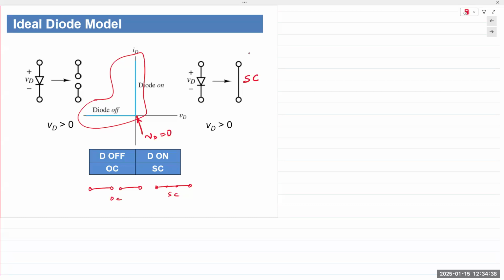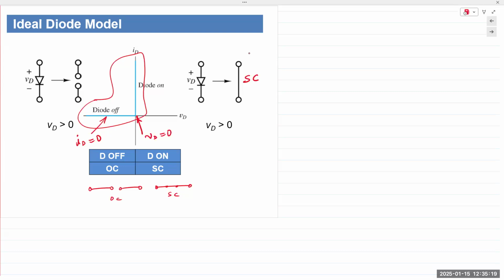And if the diode is reverse bias, it's open circuit, no current can flow through. If no current can flow through, then ID is equal to 0. So for an ideal diode, which of course doesn't exist, we simply replace the diode with an open circuit for off and short circuit for on. No other analysis required. It's a very quick and easy method to analyze any circuit.